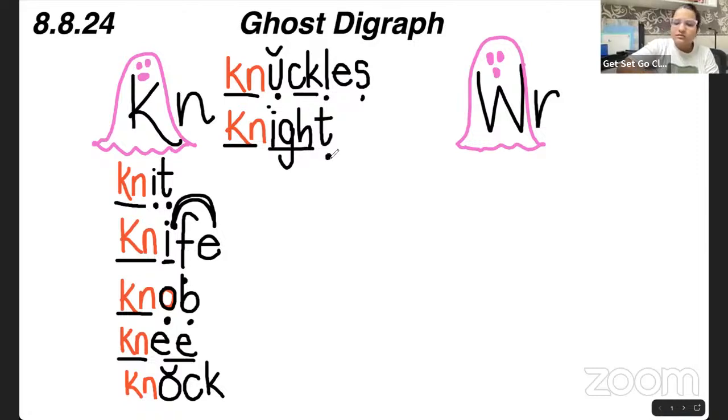Three sounds. Okay. All right. So anything else that you know, or maybe you want to tell me any other word from KN? Think of it. Knit, night. No.